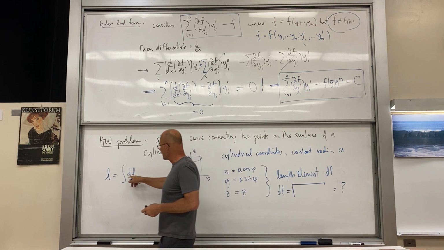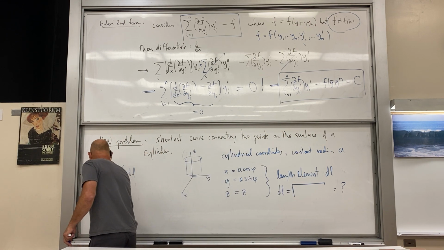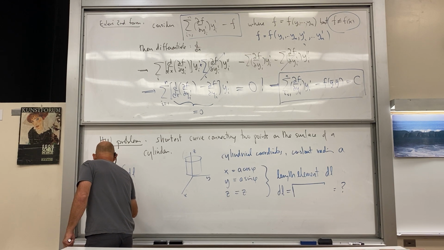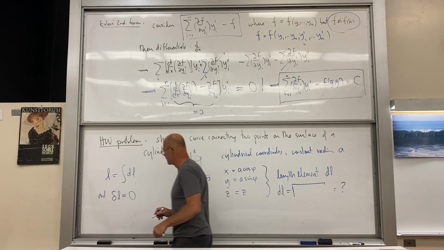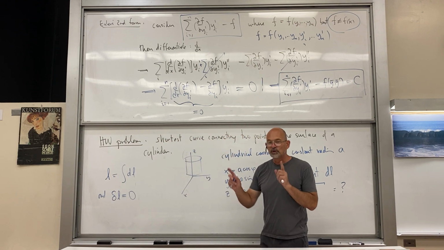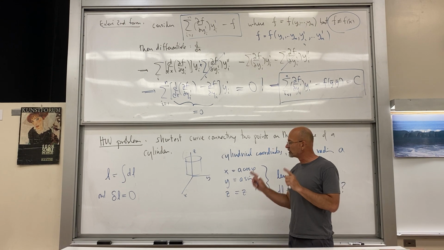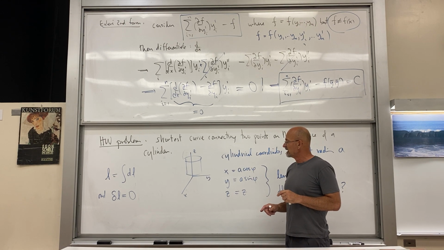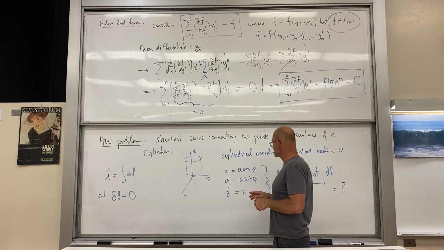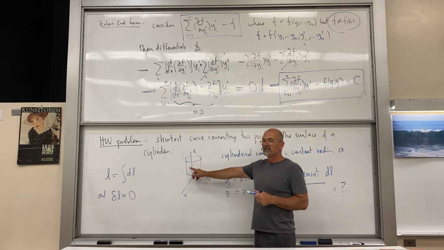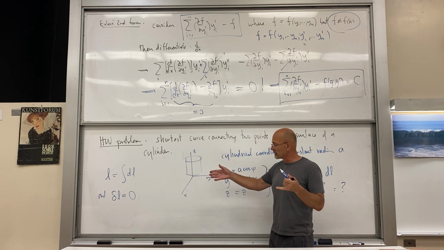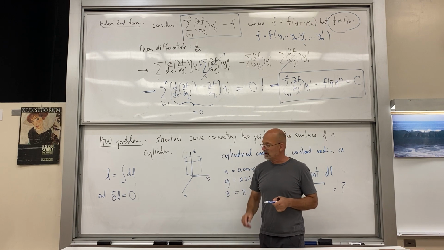You're going to have a length element there, and then your delta L equals 0 will give you two Euler-Lagrange equations. Two Euler-Lagrange equations. If you can say to yourself, well, I want z to be a function of phi, if that's general enough, you would go down to one Euler-Lagrange equation.